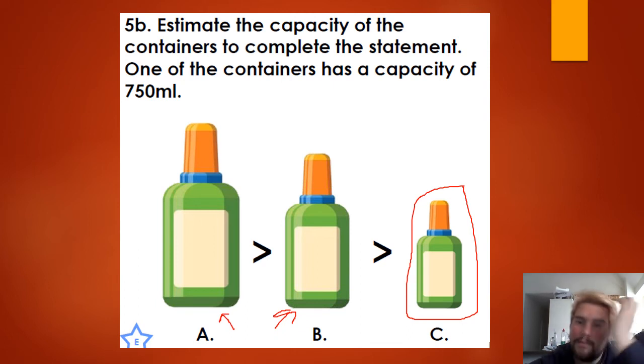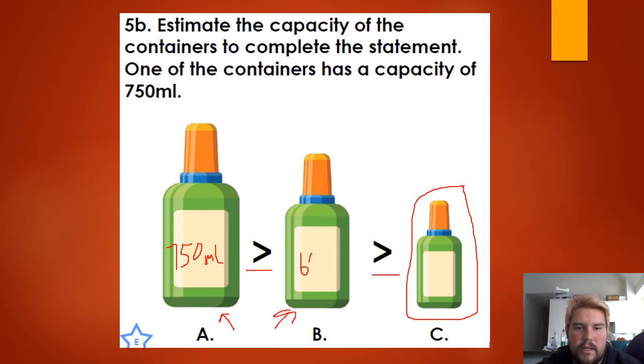It doesn't really matter. All we're looking at is to see if you know what these signs here mean and whether you can have a rough estimate. So I'm going to say A is 750 milliliters. So 750 milliliters is greater than, think about this as a crocodile mouth if we still need to, is greater than the capacity of B. So I think B maybe 500, 600, so let's say 600 milliliters.